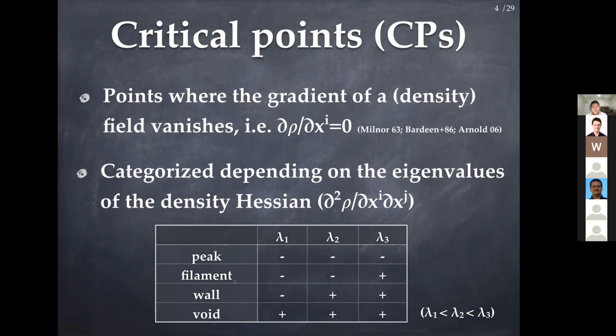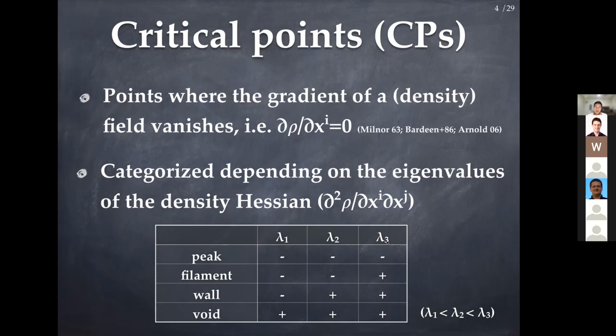And when you think of filament-type saddle points, then you have one positive and two negative eigenvalues, which lets you know that the direction corresponding to lambda 3 is the direction where the density is increasing most rapidly.